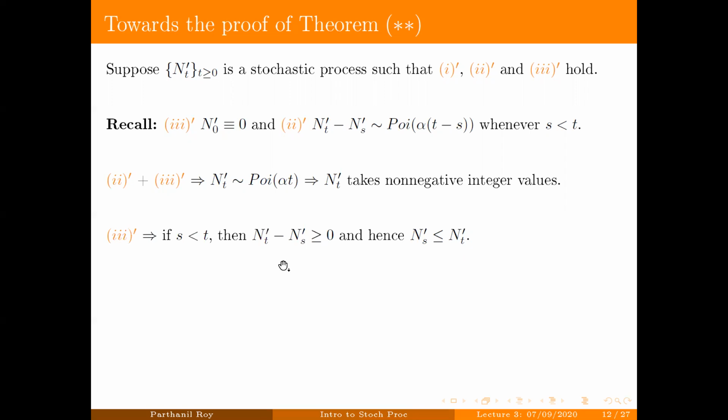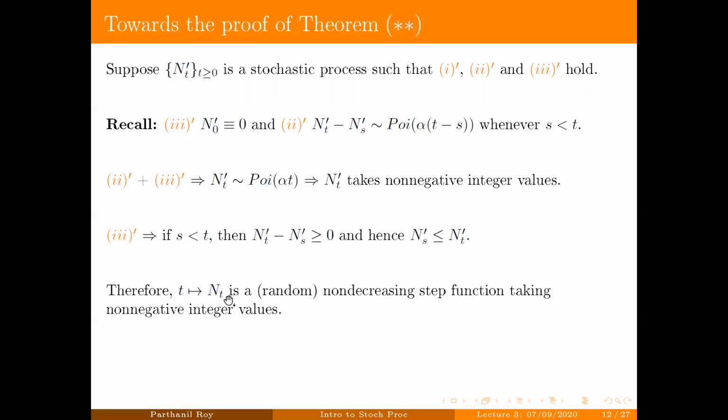So therefore, t going to N'(t) is a non-decreasing step function taking non-negative integer values. Of course, it's a random function because each N'(t) is a random variable. So t going to N'(t) is a random non-decreasing step function taking non-negative integer values.